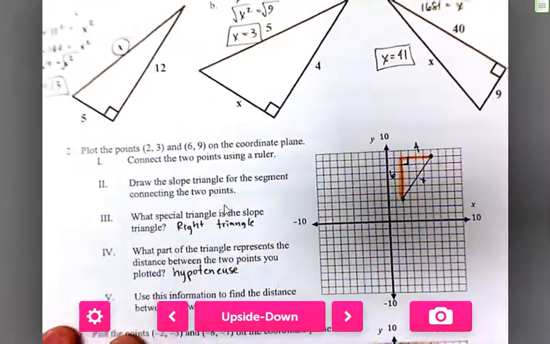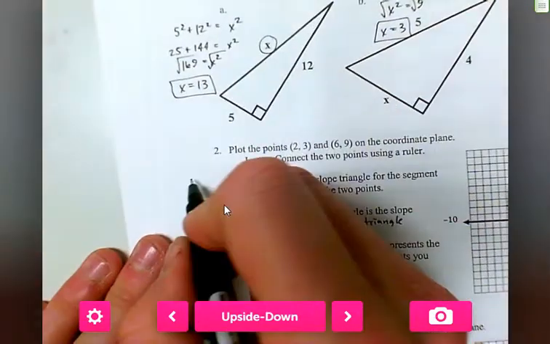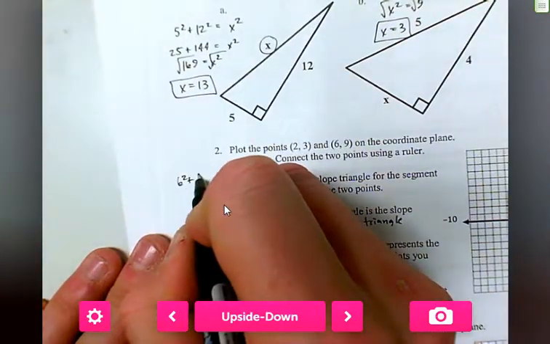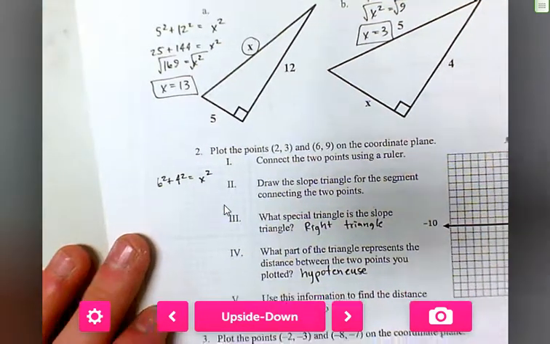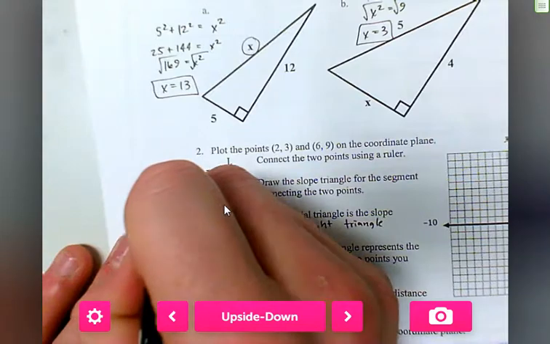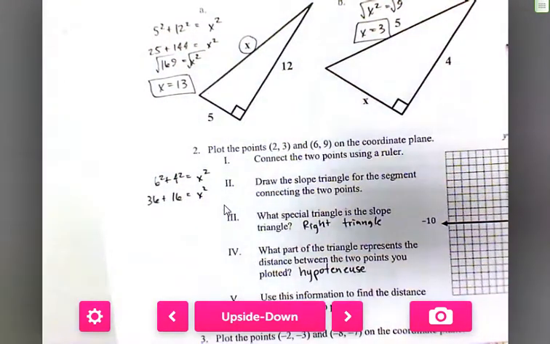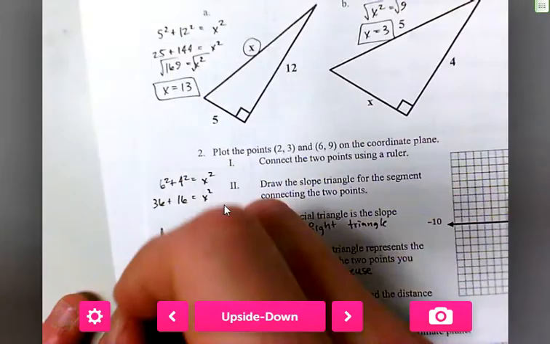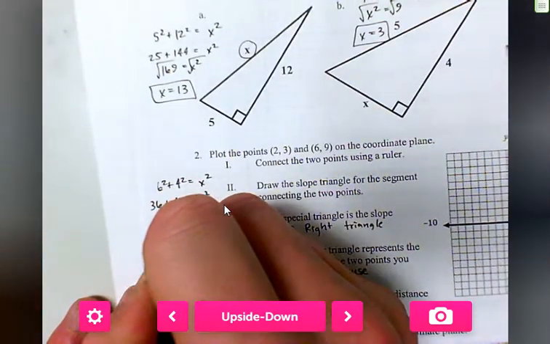Pythagorean theorem. Thank you. So I'm going to do it over here to the left. 6 squared plus 4 squared equals x squared. Okay, then we multiply all that out. We should have 36 plus 16 equals x squared. 36 plus 16 is 52, x squared.